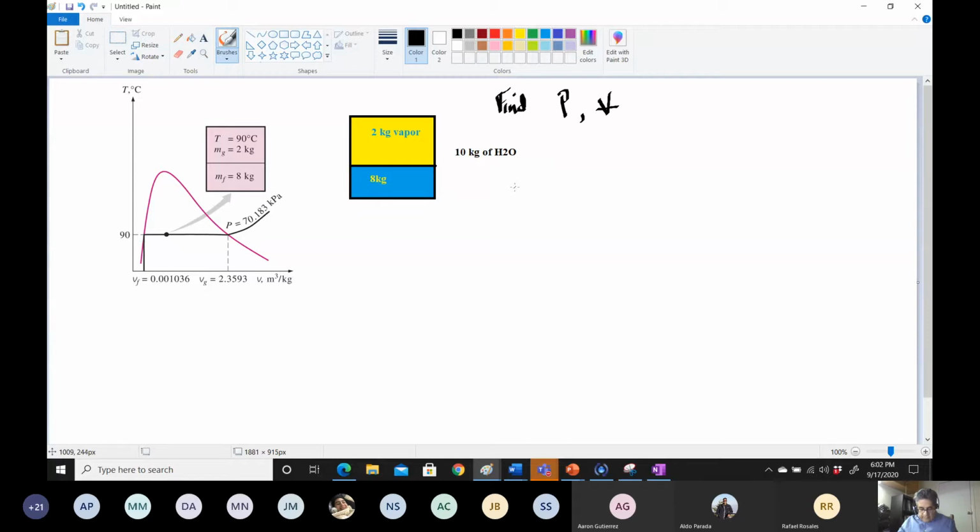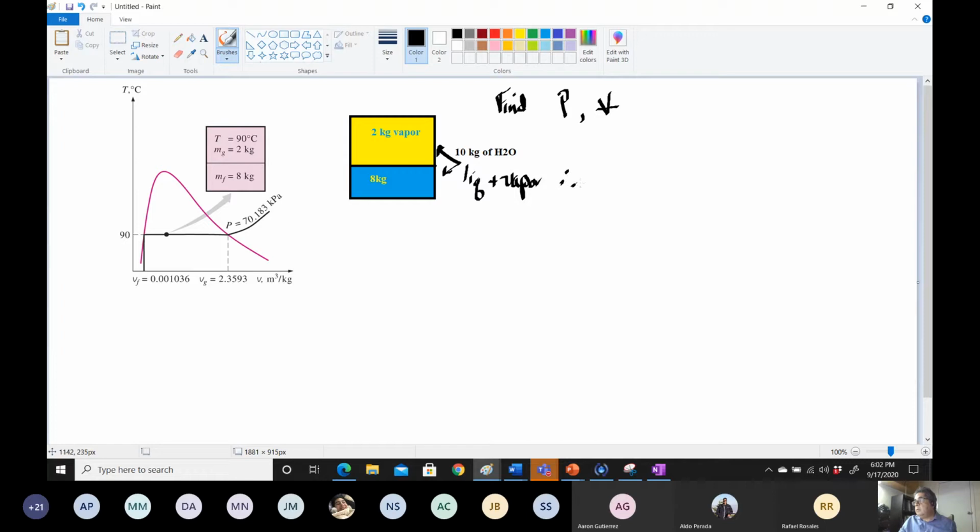What we know is that this is saturated, because we have two components here, this component and that component: liquid plus vapor.